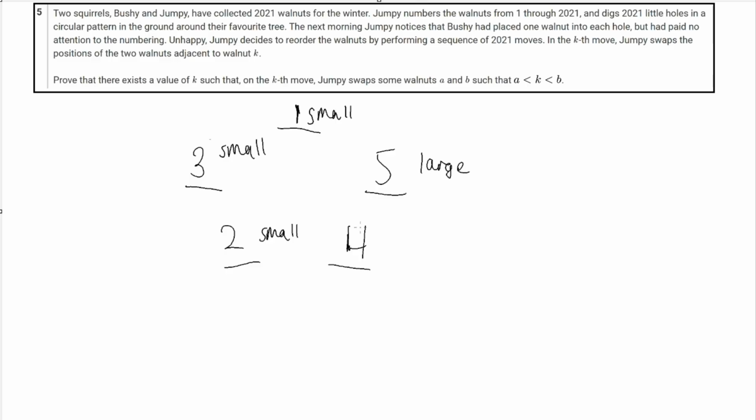And when we have 4 and 5, because we're looking at walnut 4, we can just arbitrarily assign 4 to be small. So on the fourth move, the walnuts 1, 2, 3, and 4 are all small, and 5 is large. And that's basically the only way we can get it such that when we swap a small walnut and a large walnut, then we are done.